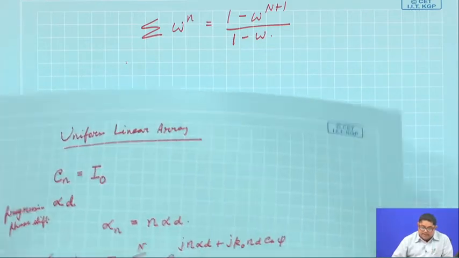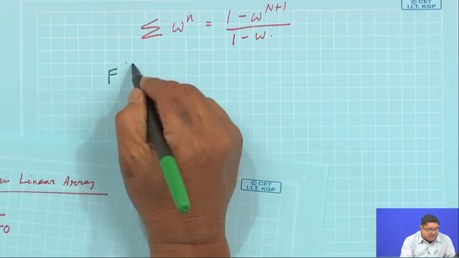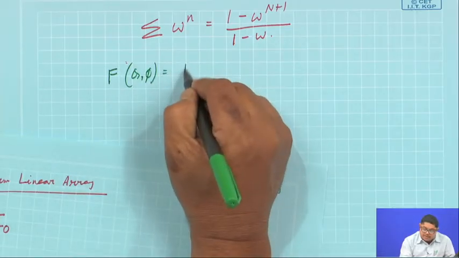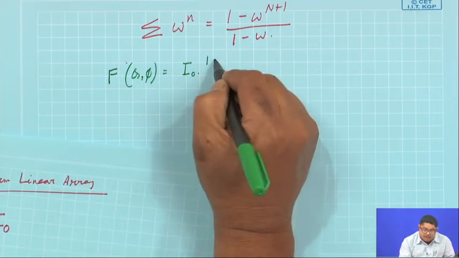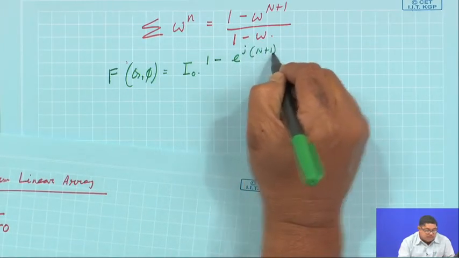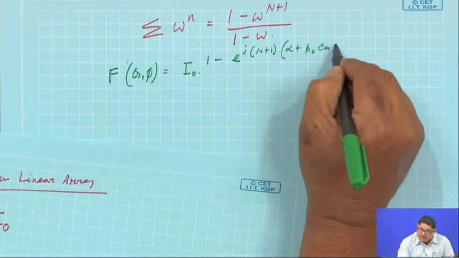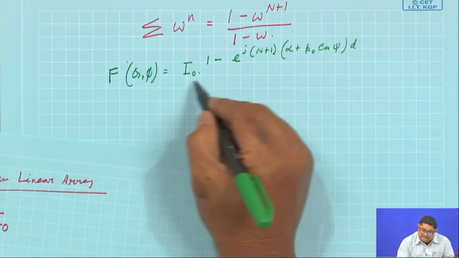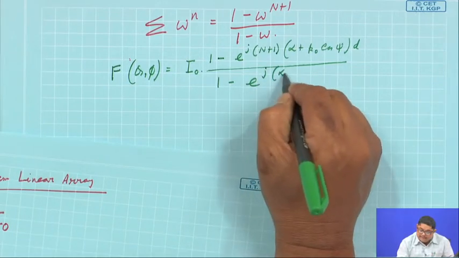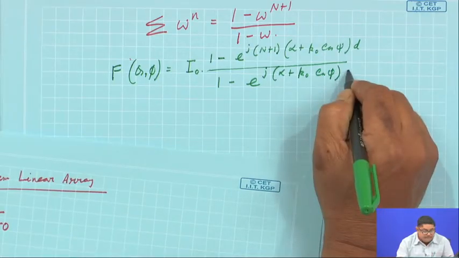Similarly here I can write F theta phi is equal to I 0 times 1 minus e to the power j (n plus 1)(alpha plus k naught cos phi d), divided by 1 minus e to the power j (alpha plus k naught cos phi d).